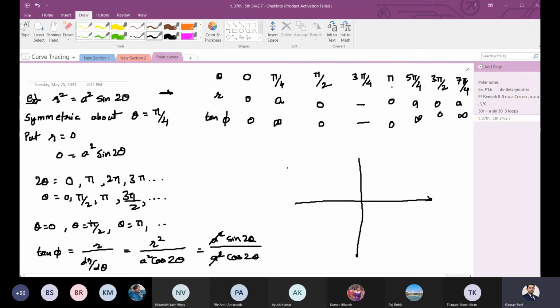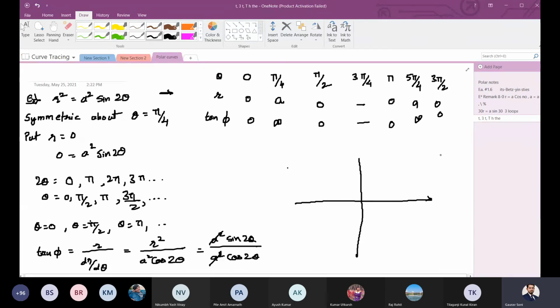At pi, sine 2 pi is 0, of course. At 5 pi by 4, so sine 5 pi by 2, is 0, of course. 0, a, infinity, 0, 0. Again at 7 pi by 4, we will have to put that, so I'll rub this. We can also identify the region of absence there.